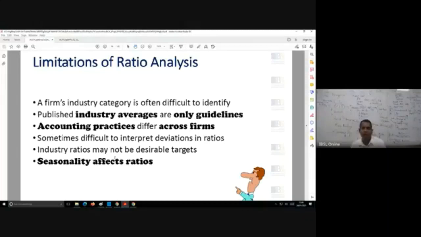Whatever figures we use, it is old data, last year's or the last few months' data. Then the seasonality effect: if you take accounts in the December season and do the ratios, it is a season, so everything will be high. But when it comes to March, figures may be different, so you can't compare. Seasonality will have an impact on the ratios.